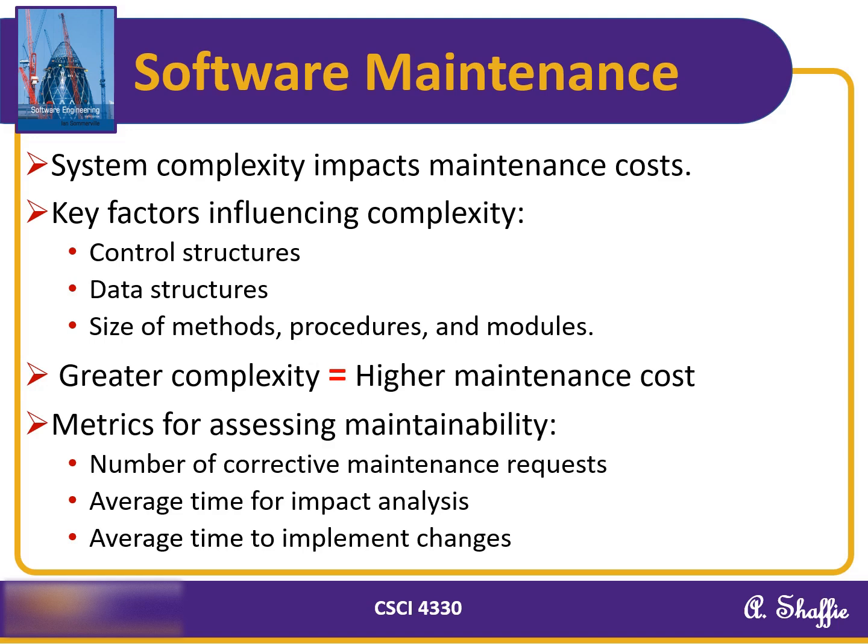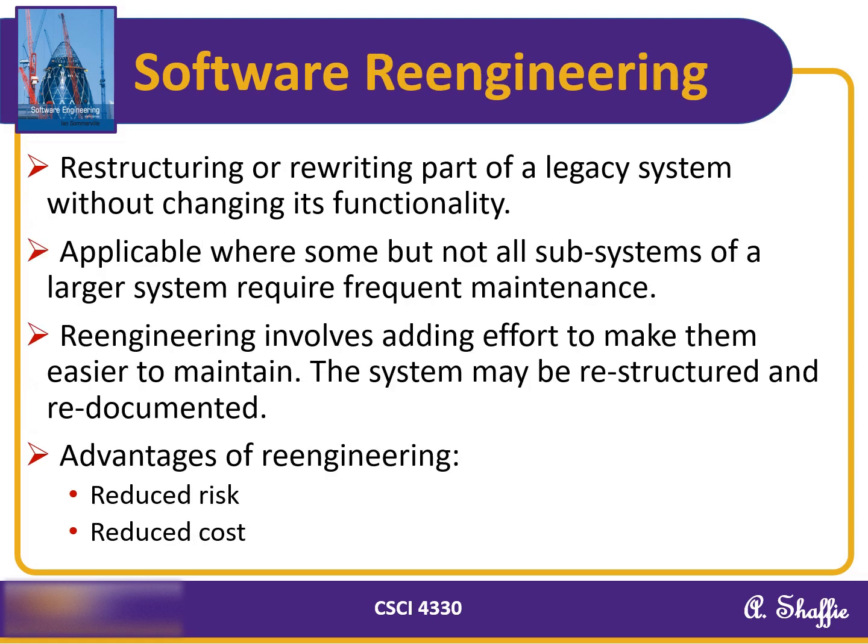So, if any of these metrics shows an upward trend, it is a warning sign that the system's maintainability is decreasing. Monitoring and managing these metrics is key to predicting and controlling maintenance efforts. Another way to keep your software maintainable is through software re-engineering.